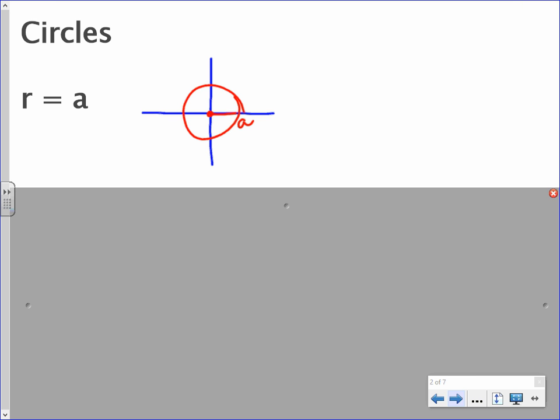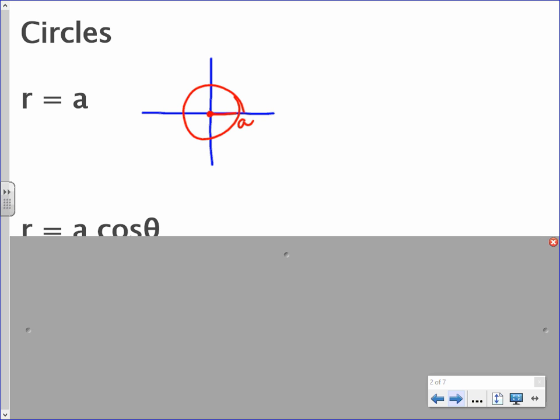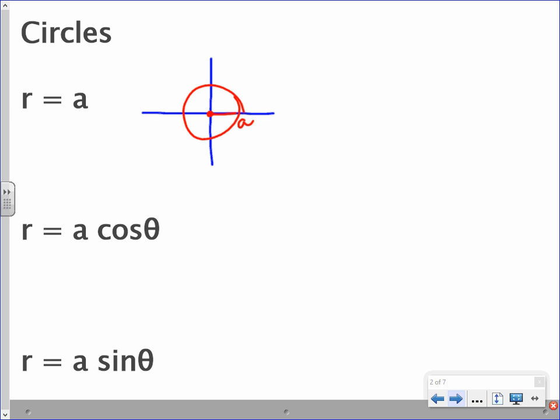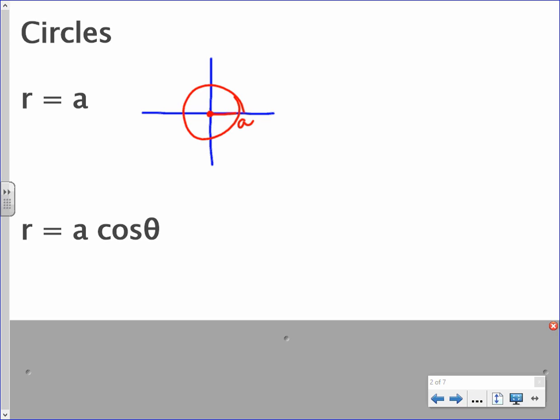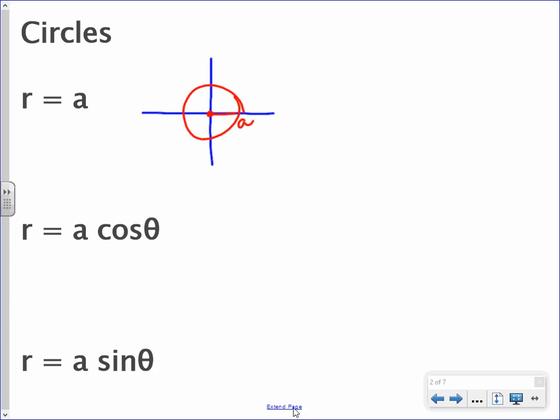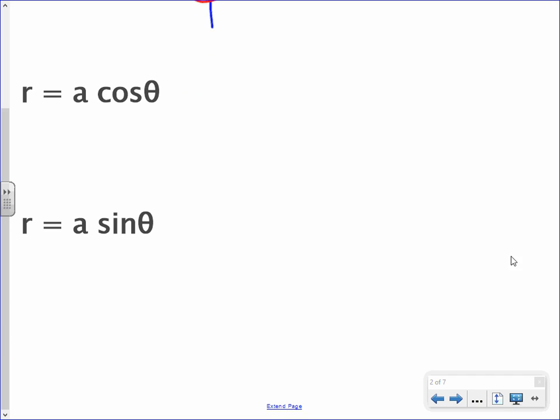Now, you talked about these types of circles yesterday. You played around with a cosine theta and a sine theta. Grace F., what was the difference between a cosine and a sine circle? Let's talk about circles. We're not quite to Rhodes curves yet.